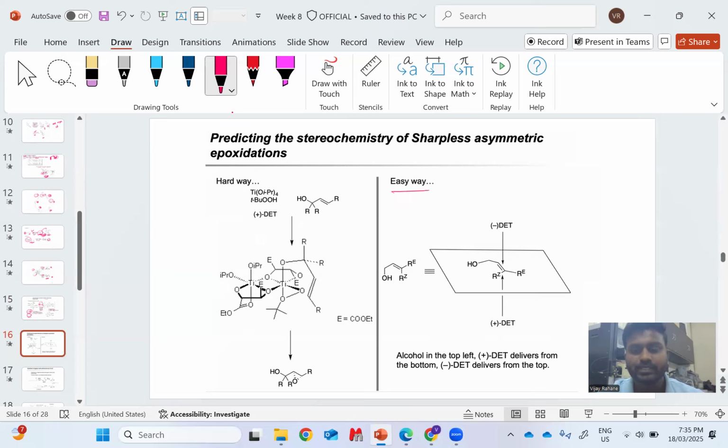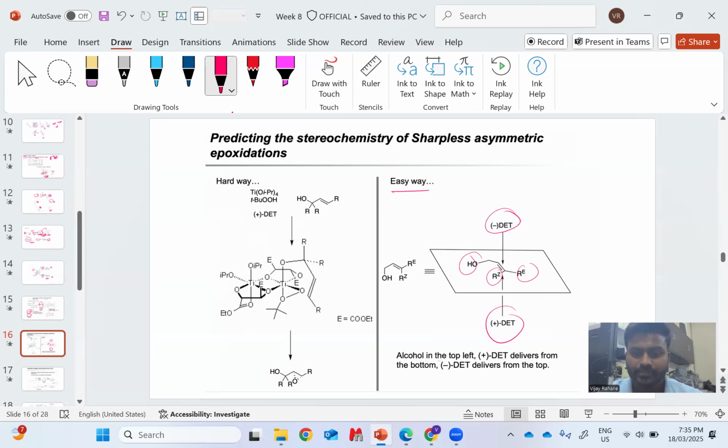But if you look at it in the easy way, just draw the structure in this manner with the minus diethyl tartrate attacking from this Si face and plus diethyl tartrate attacking on this Re face. In which you need to align the hydroxy, the Z group, and the E group in this manner.